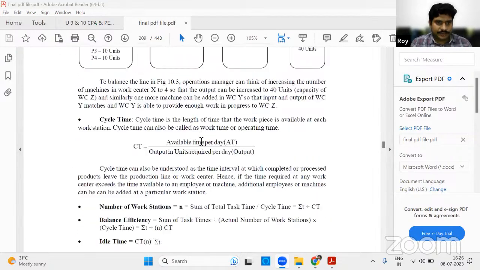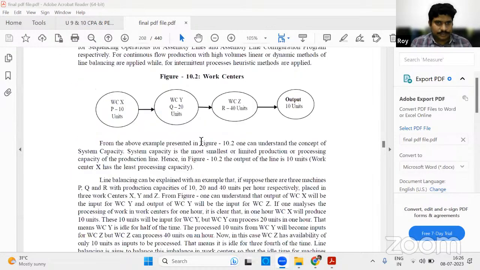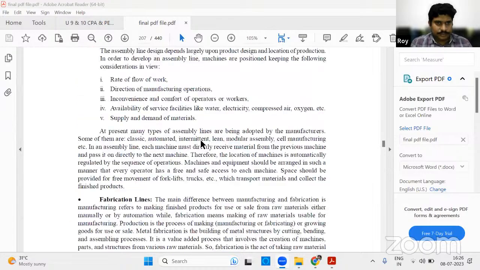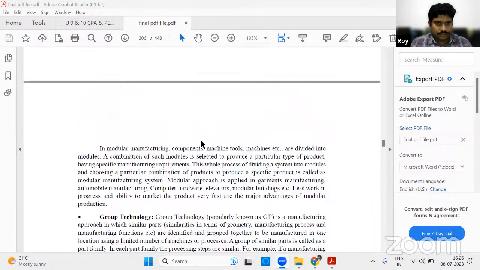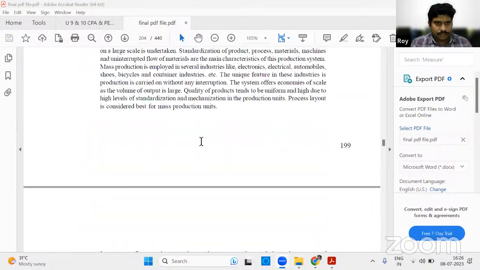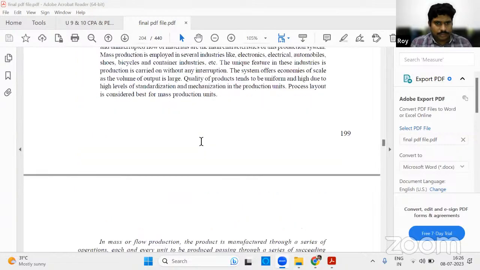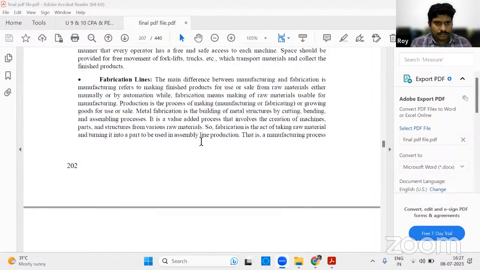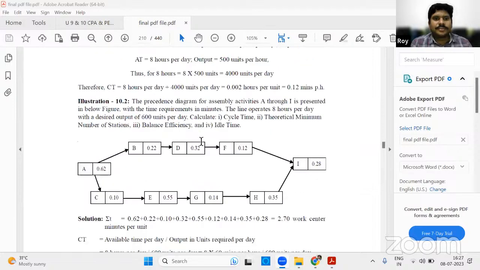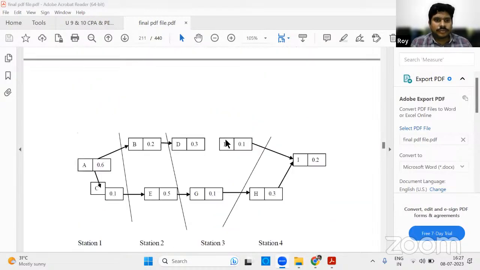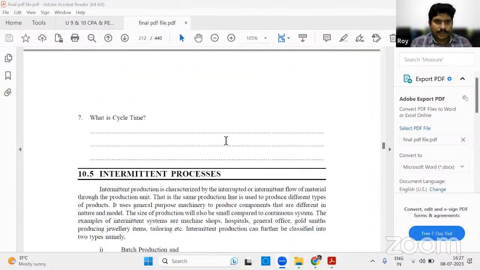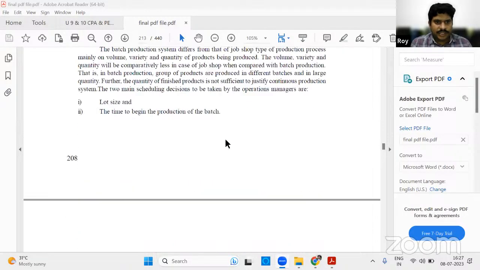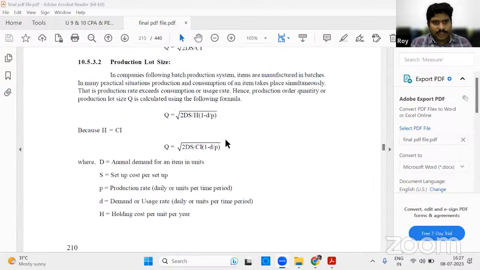What CPM? Sequencing problems is done. I didn't start any problems, right?